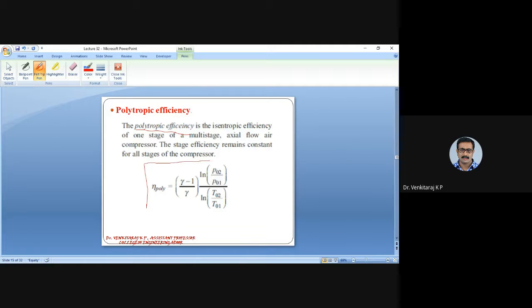You can calculate it using this equation if you know the stagnation conditions: PO2 and PO1 are the stagnation pressures at exit and inlet of the compressor. Similarly, TO2 and TO1 are the stagnation temperatures at exit and inlet. Gamma is the index of compression. If you have these values, we can calculate the isentropic efficiency of a single stage of a compressor, and that is what the polytropic efficiency means.